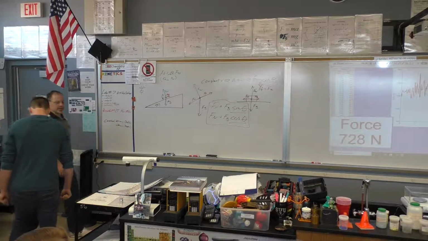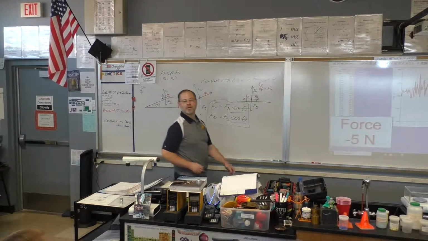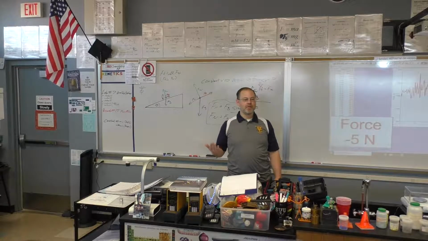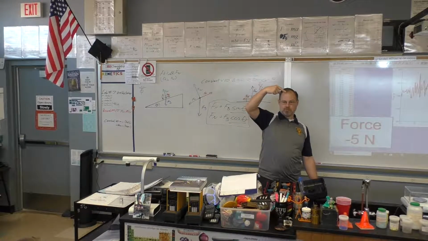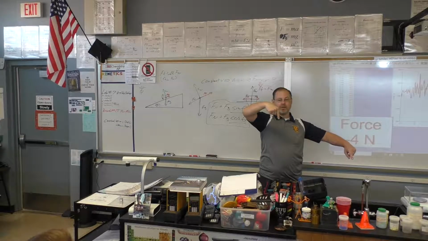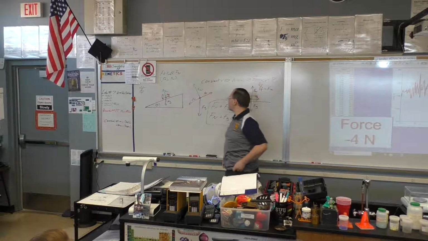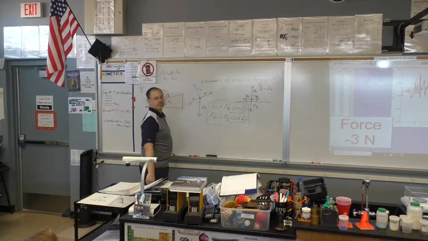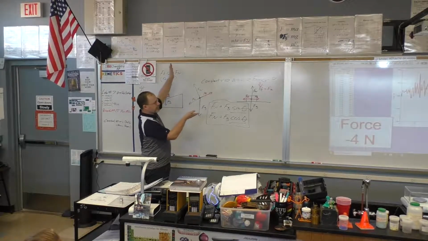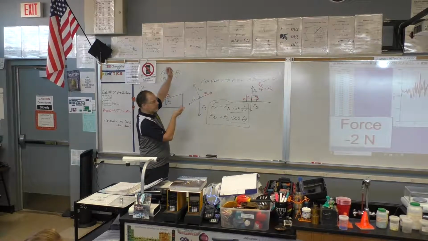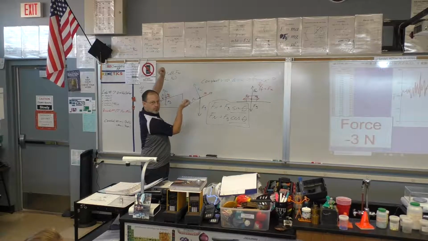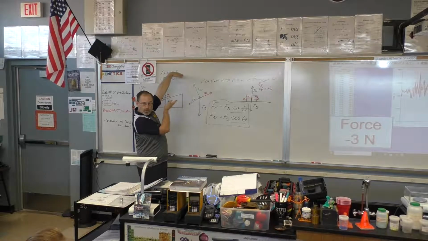Okay, so what happened to the force? The force went down as the angle went up. So what is it measuring? Which one of these vectors is the force plate measuring? Normal force.